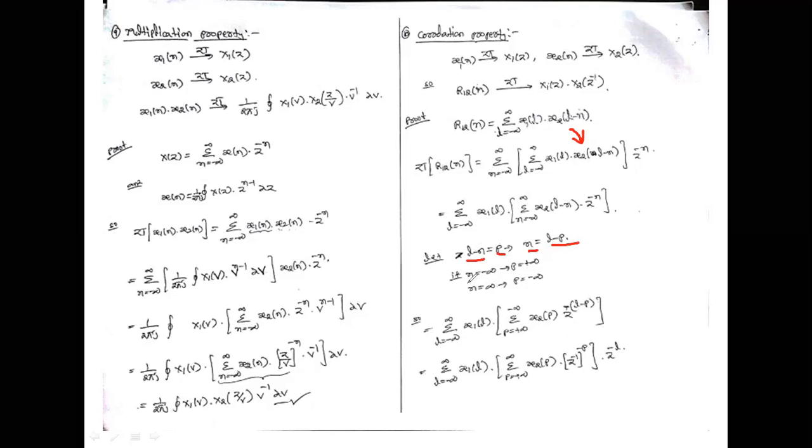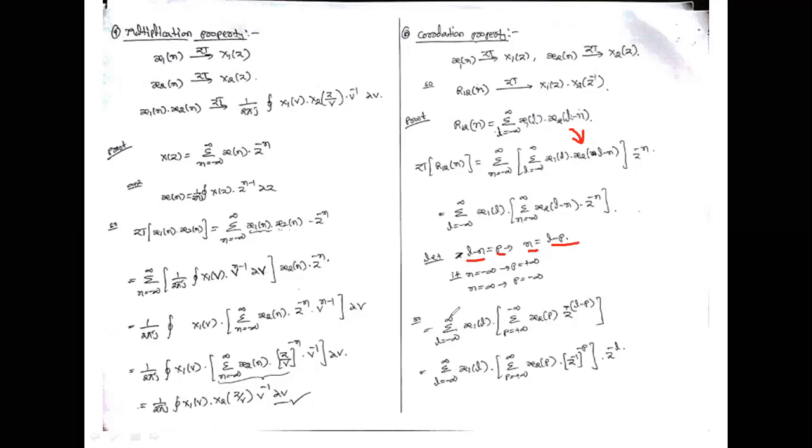As n varies from minus infinity, p varies from plus infinity to minus infinity, because when n is minus infinity, p becomes plus. Even in the summation, minus infinity to plus infinity or plus infinity to minus infinity, both are the same. Nothing is different. Now I can replace L minus n as p.